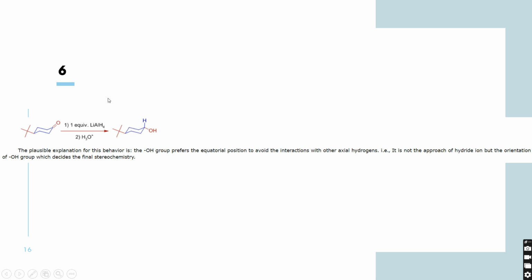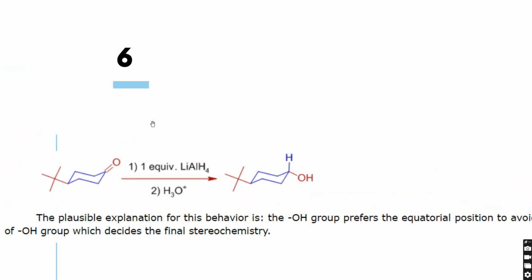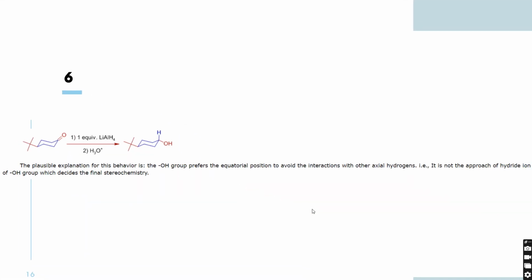So in this particular question, the major product will come from the stability of the product that is formed. The product containing the equatorial hydroxy group will be more stable, and you will get this product as your major product.